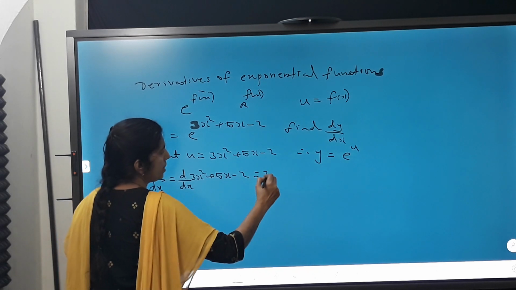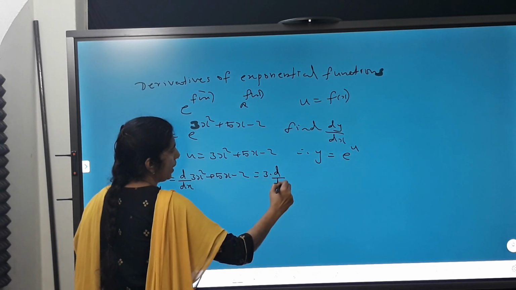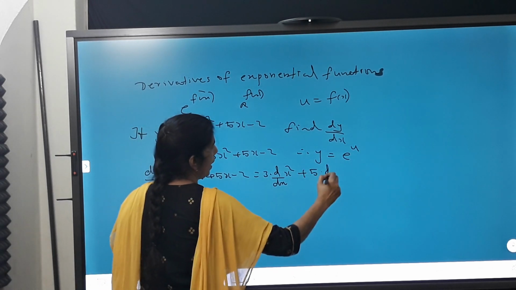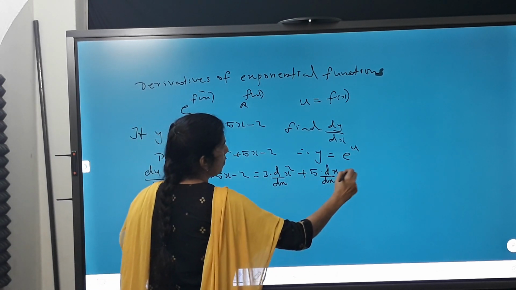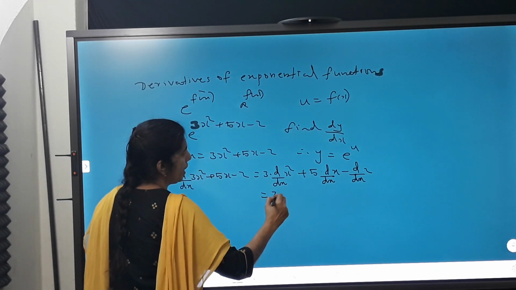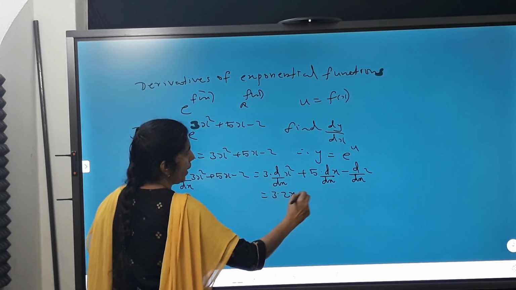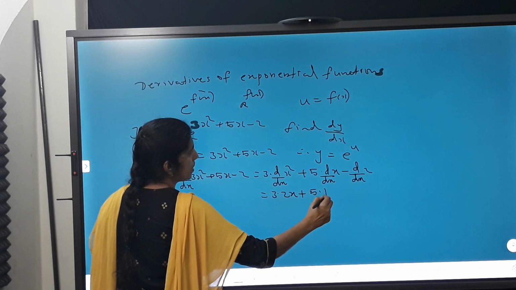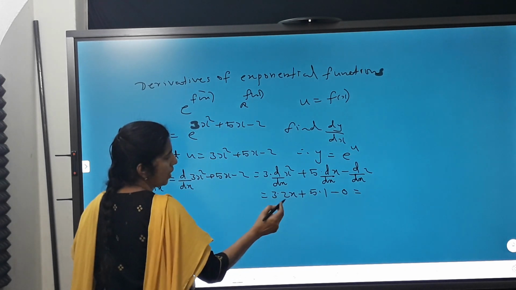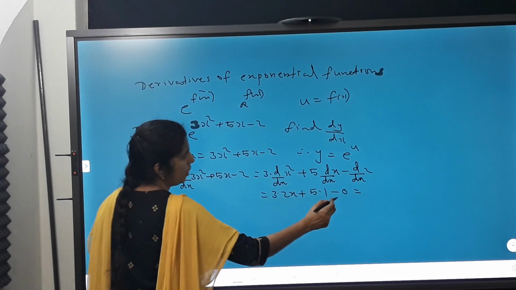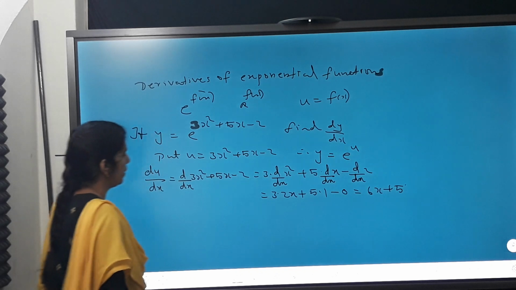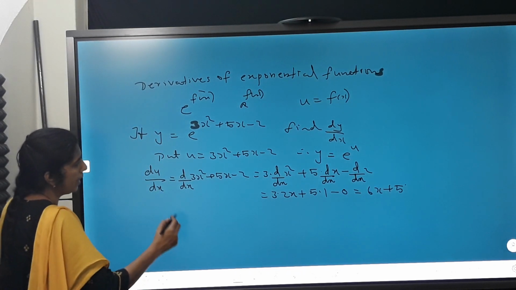This we can write as 3 into d by dx of x square plus 5 into d by dx of x minus d by dx of 2. d by dx of x square is 2x, d by dx of x is 1 and d by dx of 2 is 0. So it is 3 into 2x plus 5 into 1 minus 0, that is 6x plus 5. This is our du by dx.